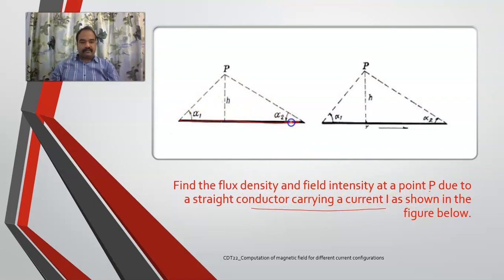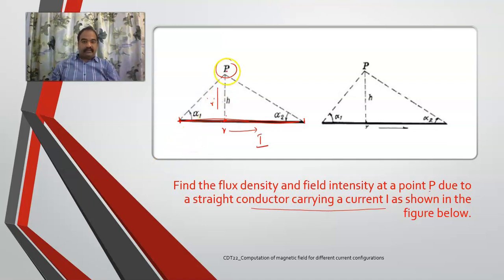I am considering a point P at a shortest distance h, and the two ends of the conductor make angles alpha 1 and alpha 2. I'll assume that the current is flowing in this fashion, and this is R.